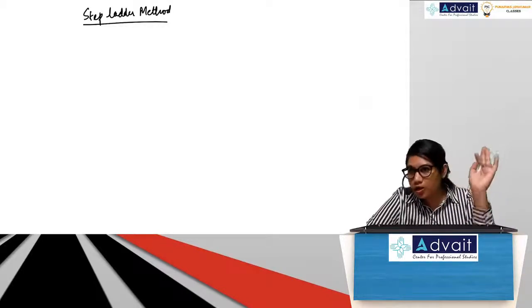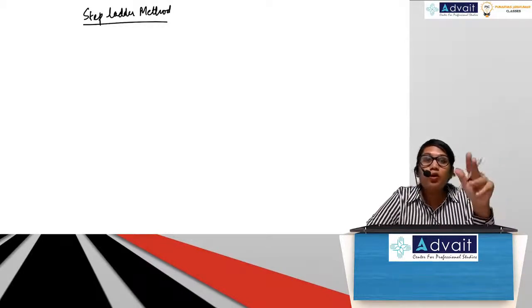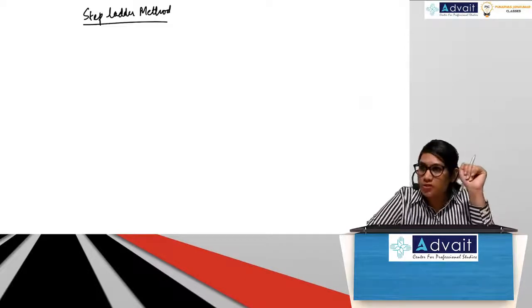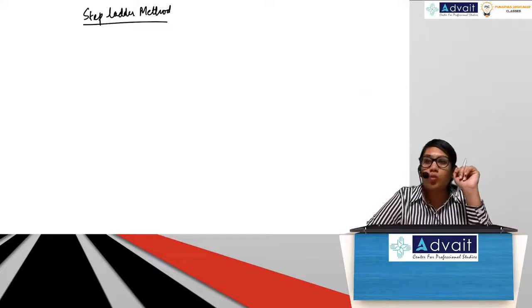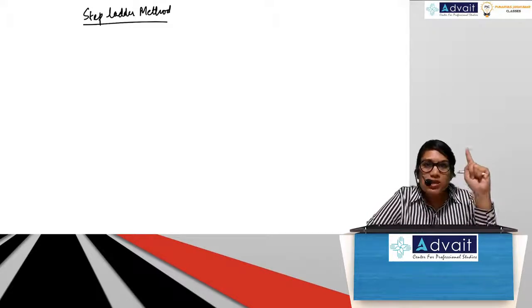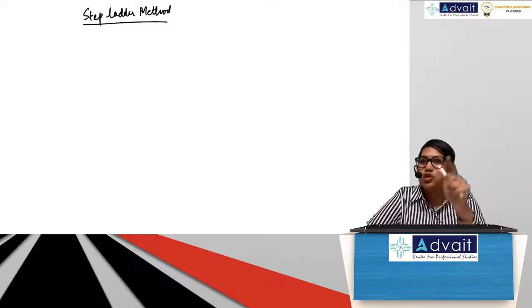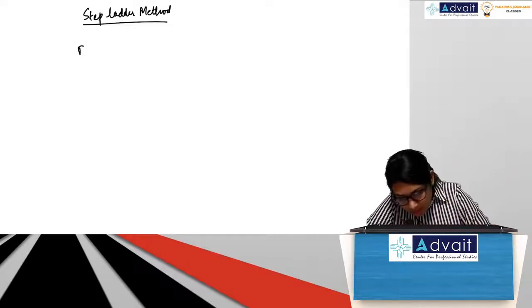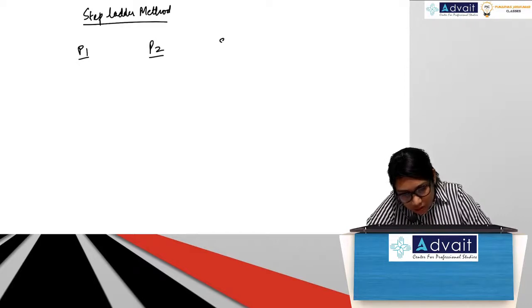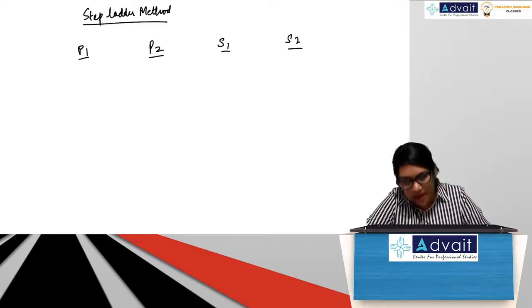I'm not talking about production departments at all. I'm talking about the relationship between the two service departments. So in step method or non-reciprocal method, what happens is S1 serves S2, but S2 does not return the favor. So what happens? P1, P2, S1, S2.